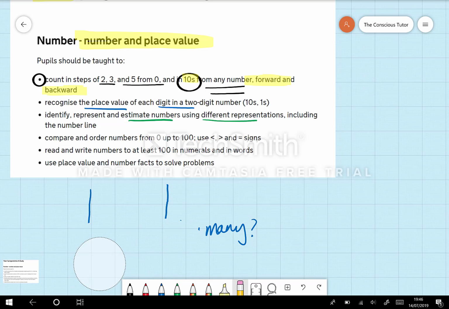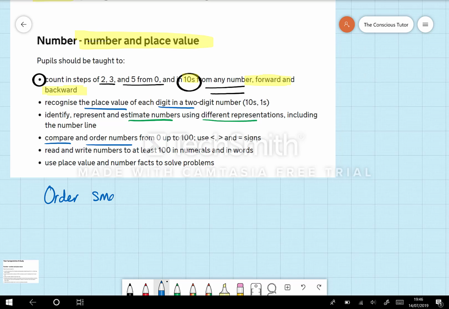The last three objectives are comparing and ordering numbers from 0 to 100 using the less than, more than, and equal sign, reading and writing numbers to at least 100 in numerals and words, and then using place value knowledge and number facts to solve problems.